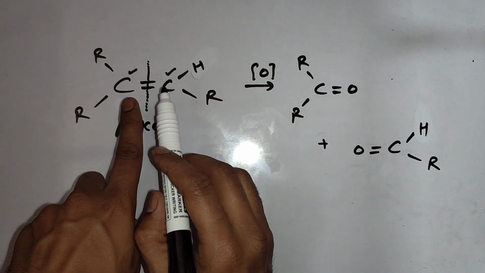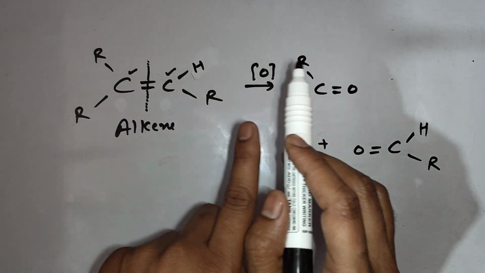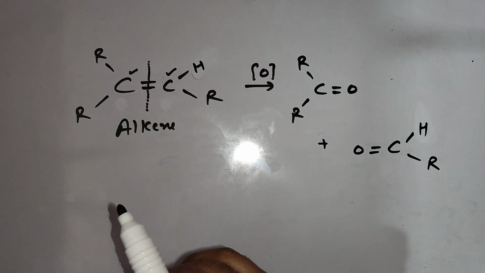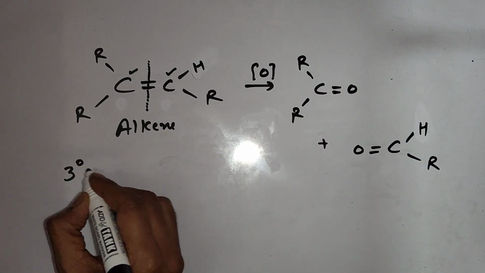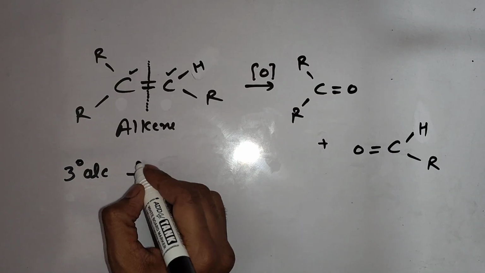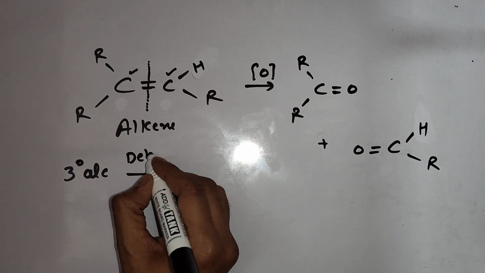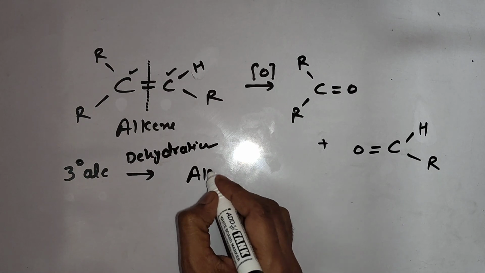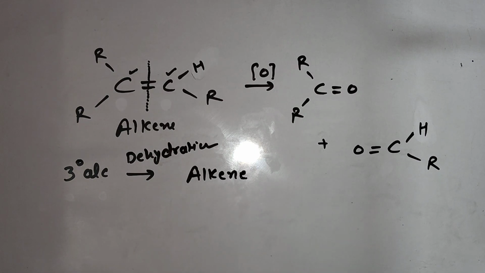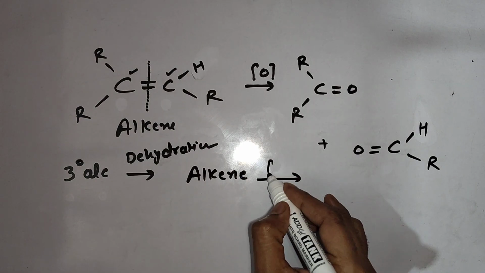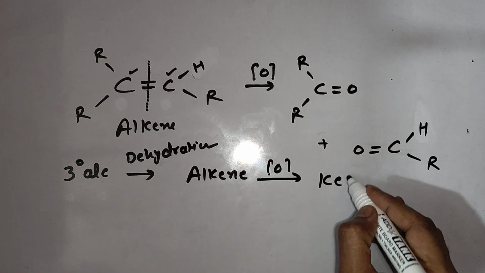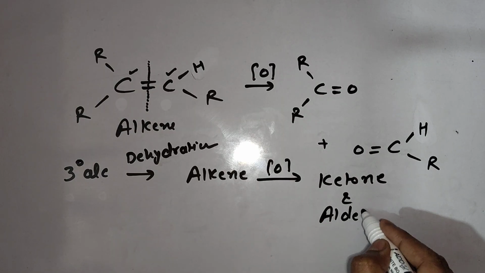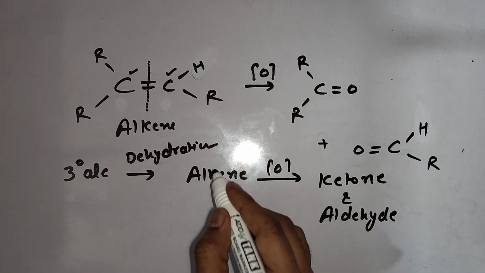So alkene can create ketone as well as aldehyde on its oxidation depending on the nature of alkene. That's it. So 3-degree alcohol first in strong acidic condition will show the dehydration process. Due to dehydration, firstly it will convert itself to alkene. Alkene on further oxidation can produce ketone and aldehyde depending on the nature of the alkene.